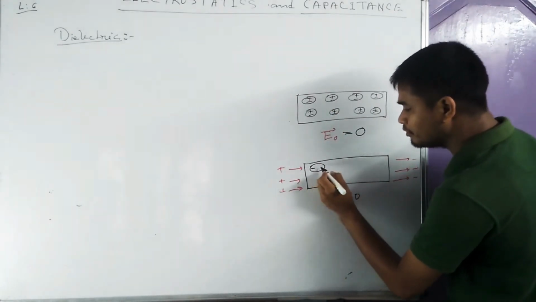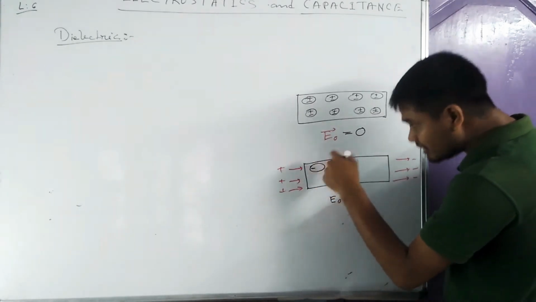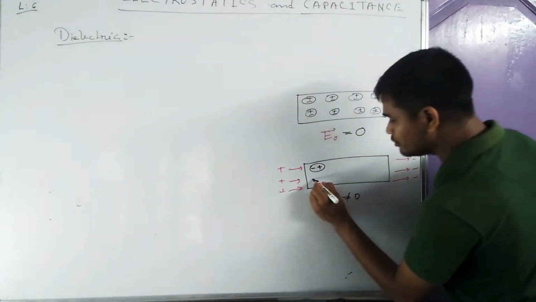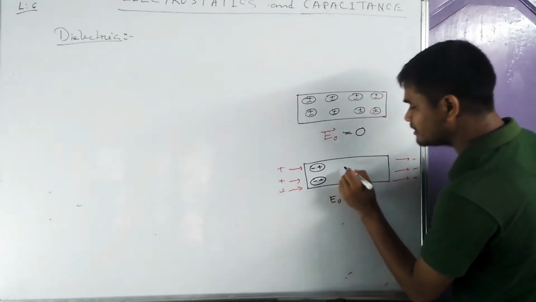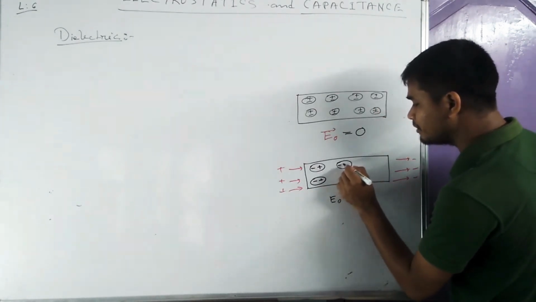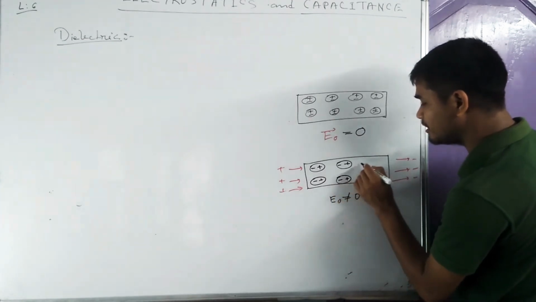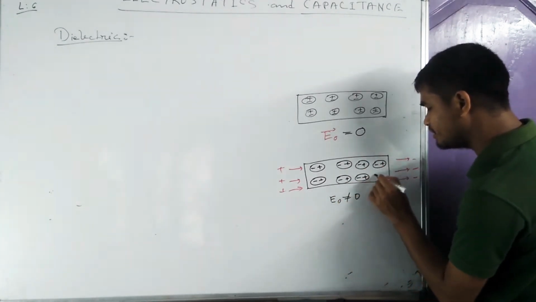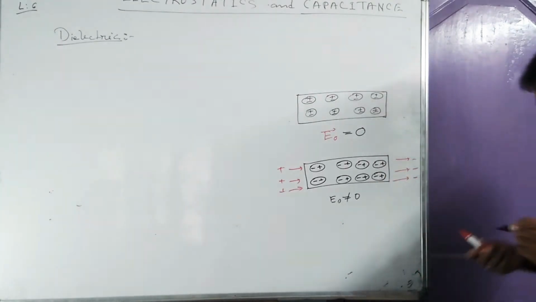Therefore, the electrons will move inside the molecule like this. This is also minus plus, minus plus, minus plus, minus plus.